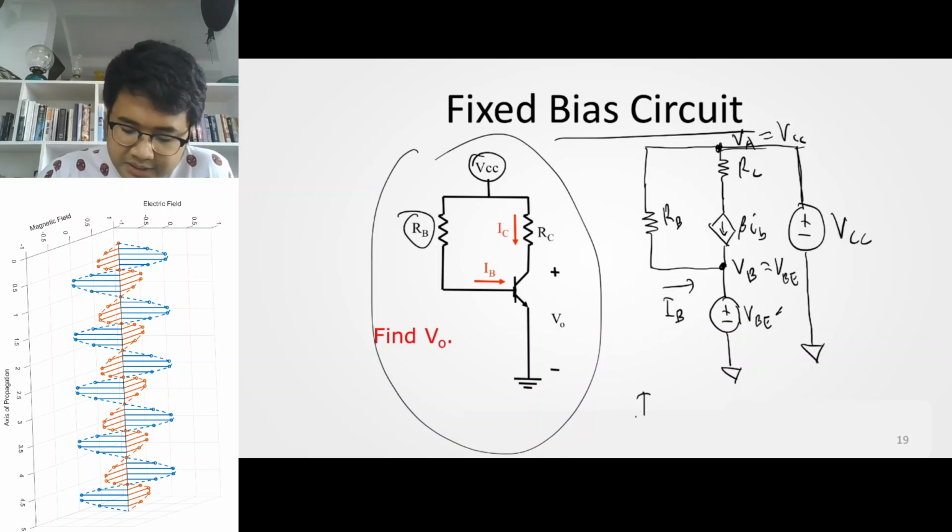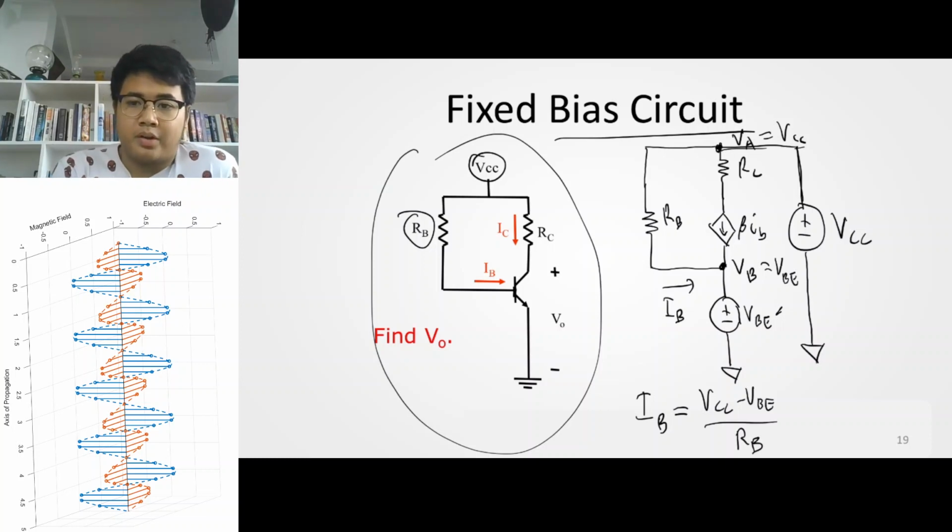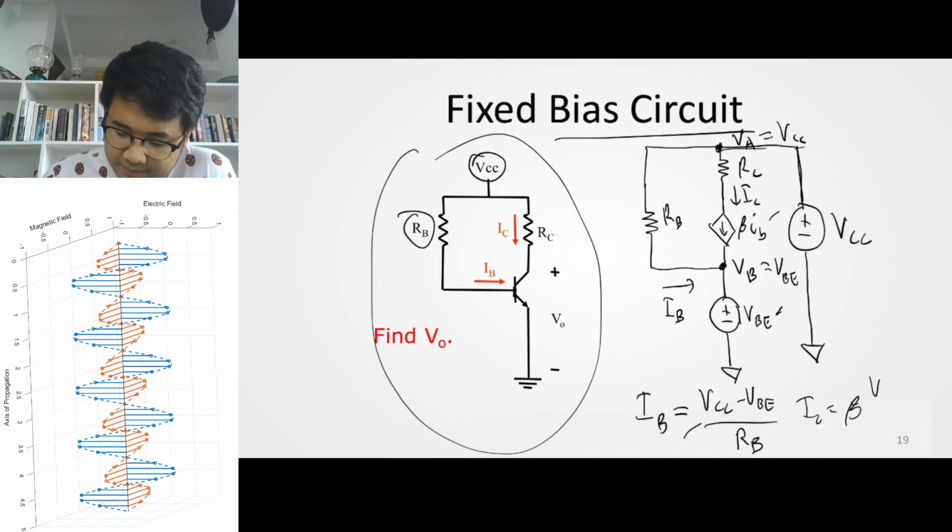IB here is equal to VCC minus VBE divided by RB. And we have IC, which is equal to beta IB. So IC, based on this, is equal to beta times VCC minus VBE over RB.